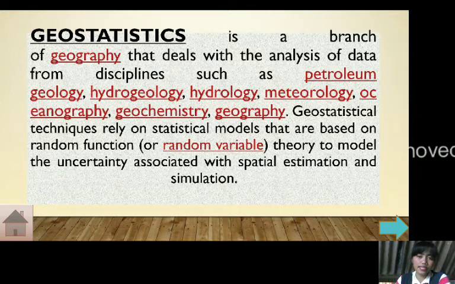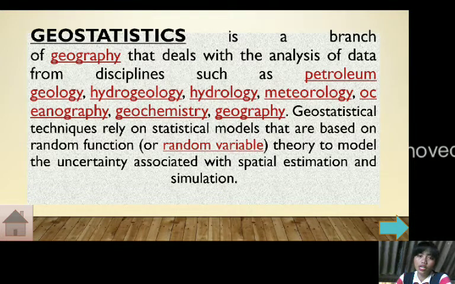So geostatistics is a branch of geography that deals with the analysis of data from disciplines such as petroleum geology, hydrogeology, hydrology, meteorology, oceanography, geochemistry, and geography. It relies on statistical models that are based on random function or random variable theory to model the uncertainty associated with spatial estimation and simulation.